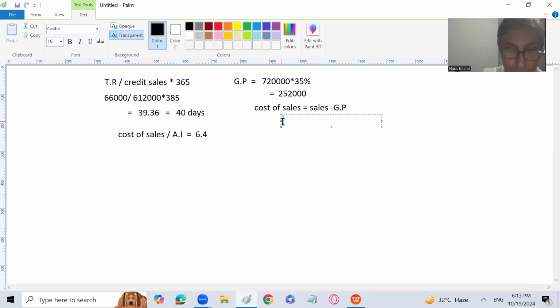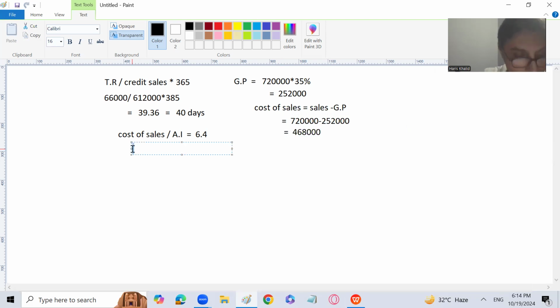Sales is 7,20,000 minus gross profit 252,000. You can find the amount of cost of sales, which is, let me calculate it, 7,20,000 minus 252,000, that is 468,000. So 468,000 is the amount of cost of sales.